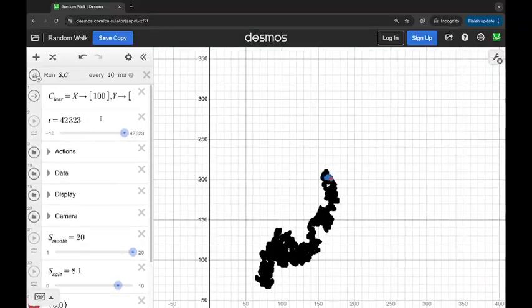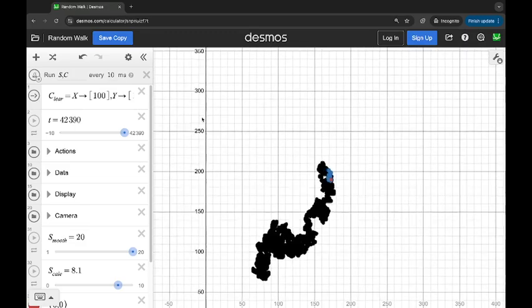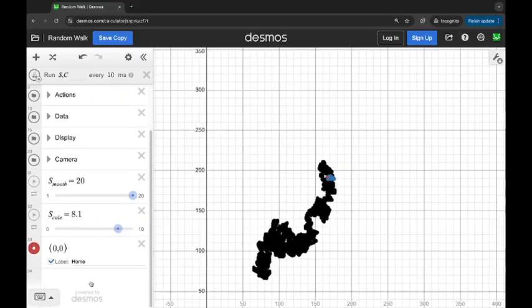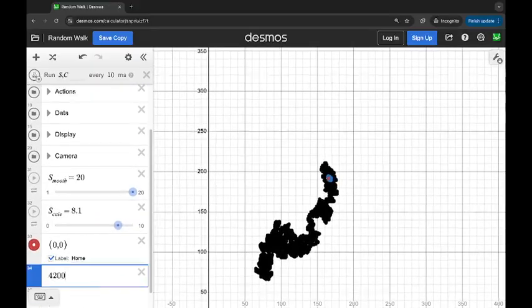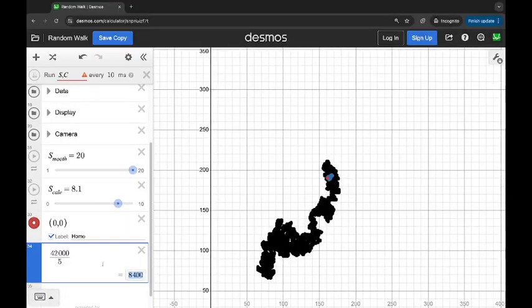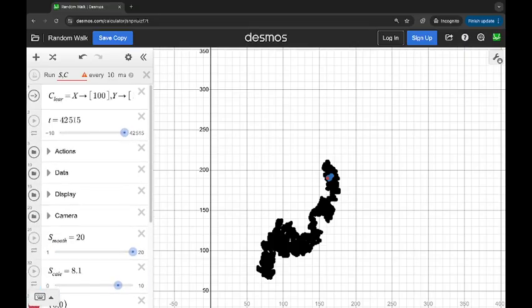So far it's been say 42,000 ticks, right? Actually, let me do the calculation in decimals so you guys can see. That's 8,400 steps. But of course, there's one in the Y, one in the X.